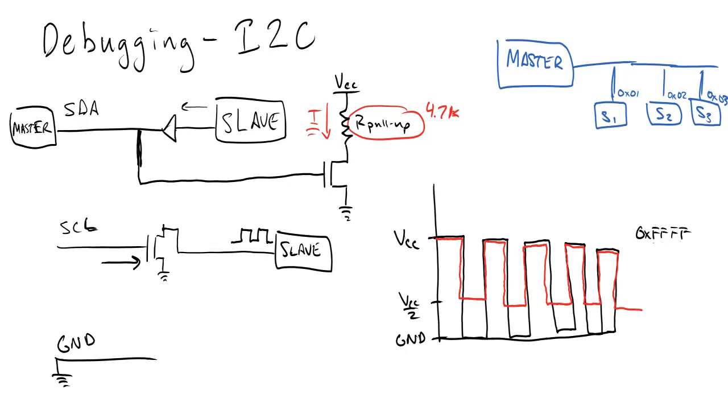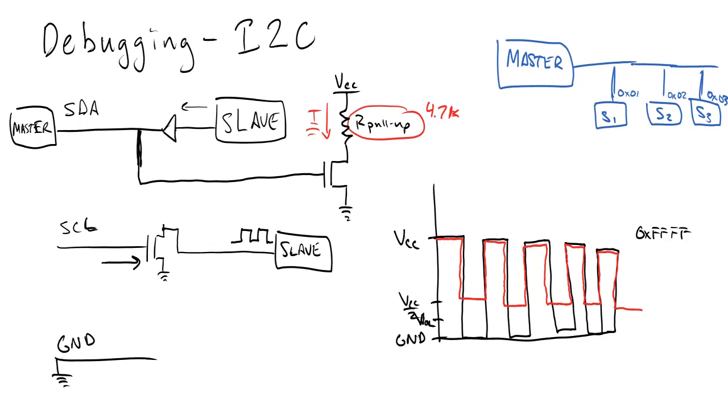You'll start reading out all ones because you're never seeing anything swing low enough to VOL. Maybe VOL is somewhere down here. VOL is output low, when the device is reading an output low. So it's not swinging far enough, right?